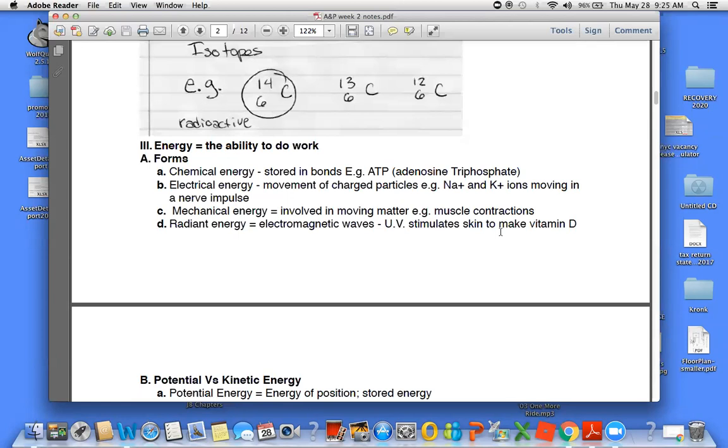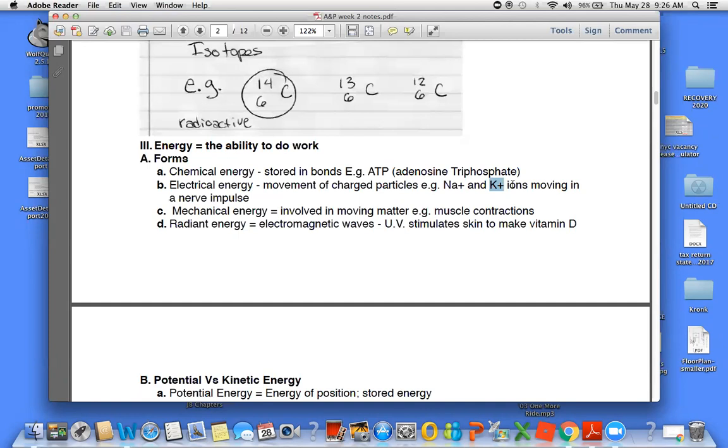Electrical energy is energy of moving charged particles. Sodium and potassium, Na and K, are two ions where sodium flows into your nerves and potassium flows out and creates what we call a nerve impulse or electrical charge. A nerve impulse or an electrical charge is known as electrical energy.